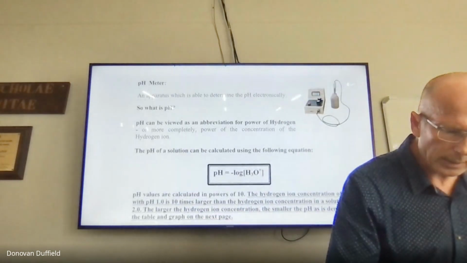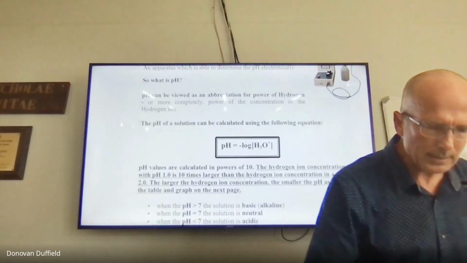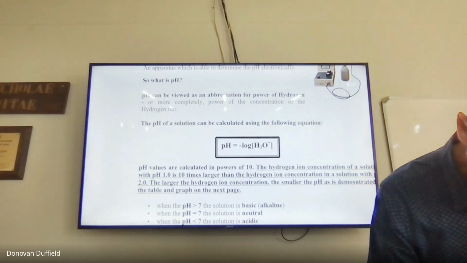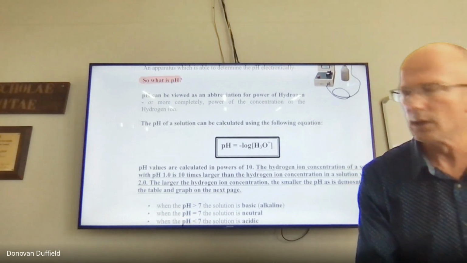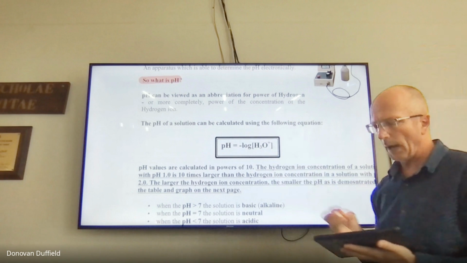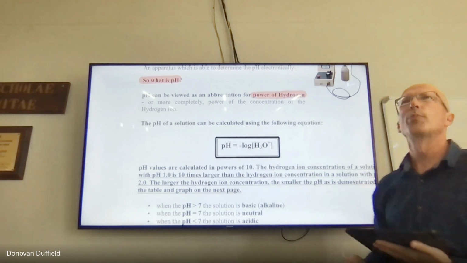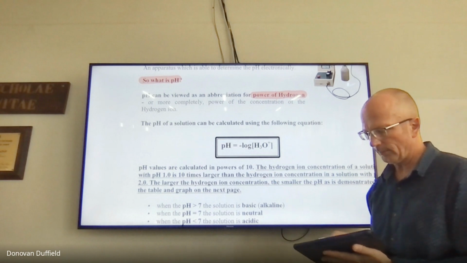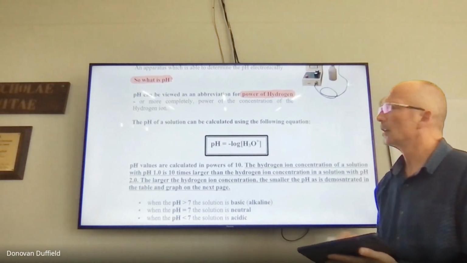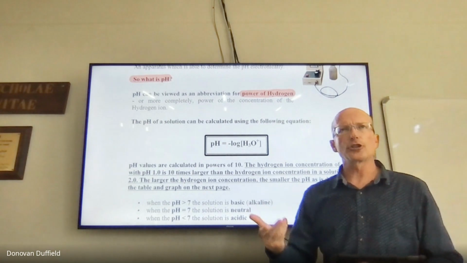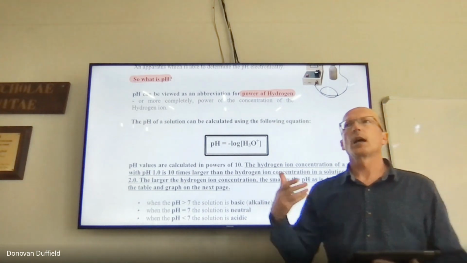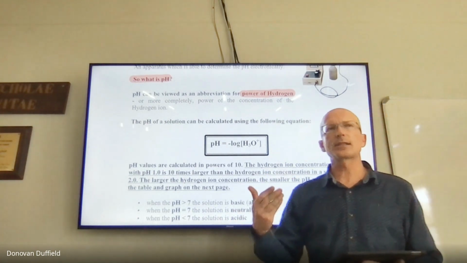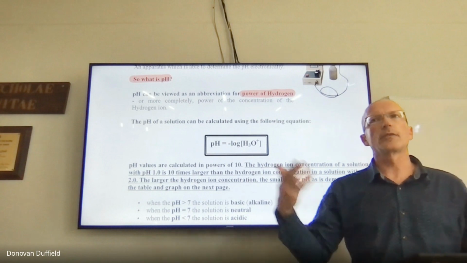So we are now going to look at what is pH, all right? So pH is the abbreviation for power of hydrogen or potential hydrogen. So a definition of pH is a quantitative measure of the acidity or alkalinity of a solution.